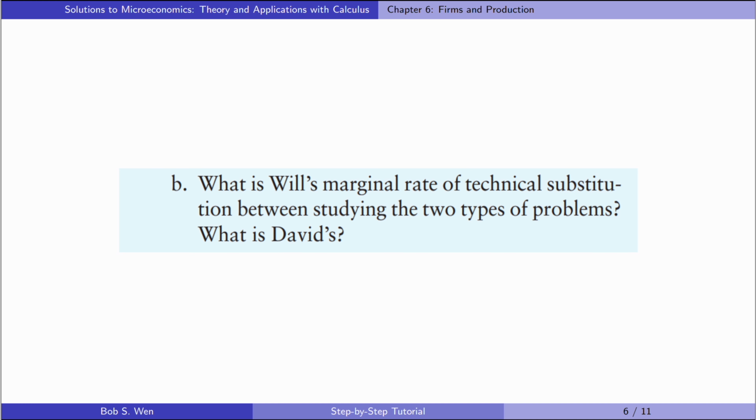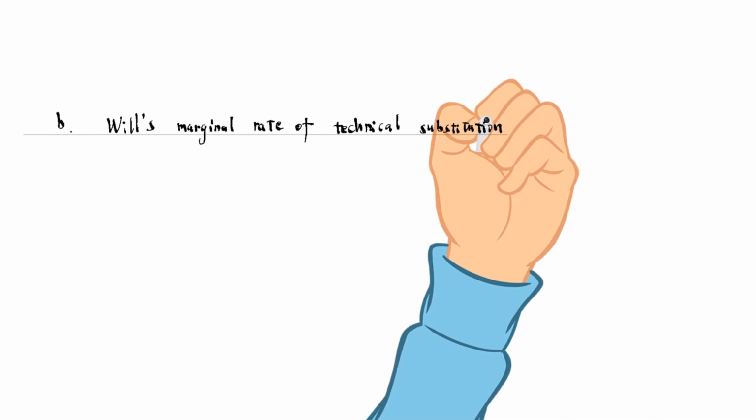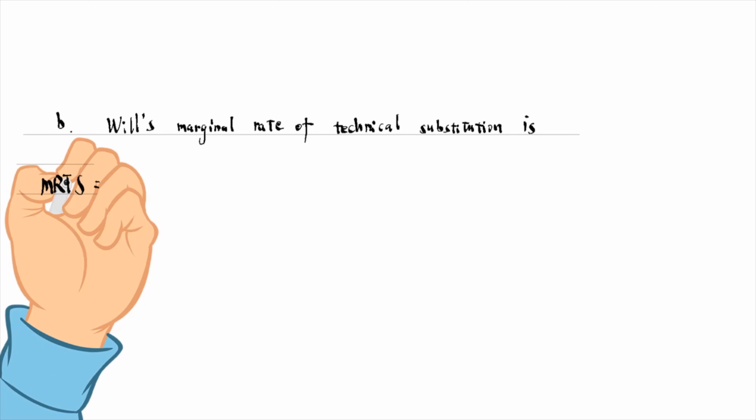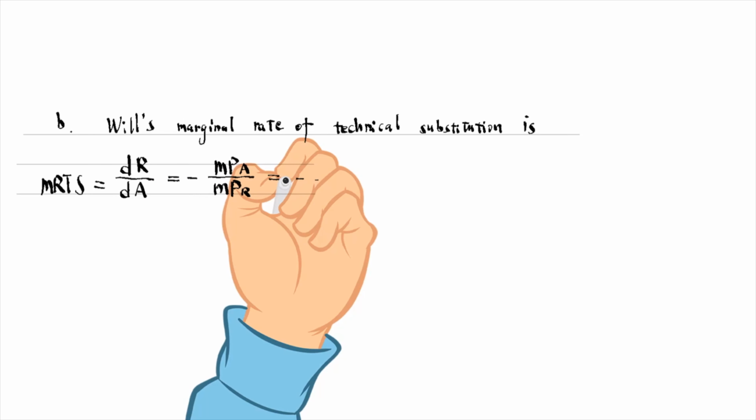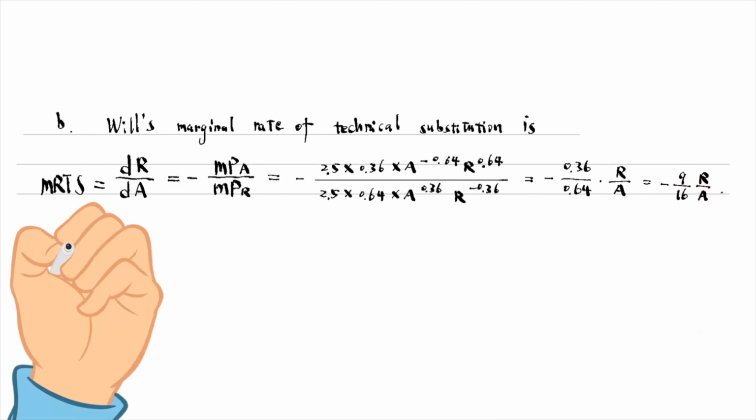What is David's? Suppose we put A on the horizontal axis and R on the vertical axis. Will's marginal rate of technical substitution is the slope of the isoquant. It equals the negative of the ratio of the marginal product of A to the marginal product of R. Similarly, we obtain the marginal rate of technical substitution for David.